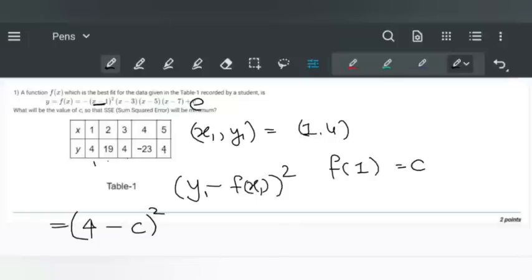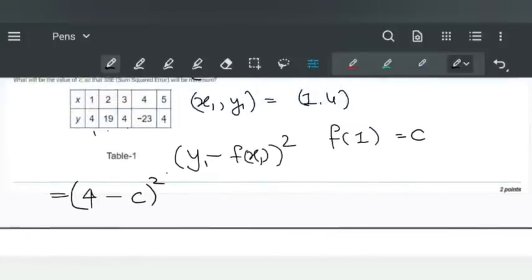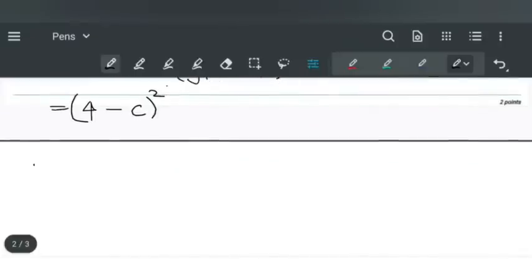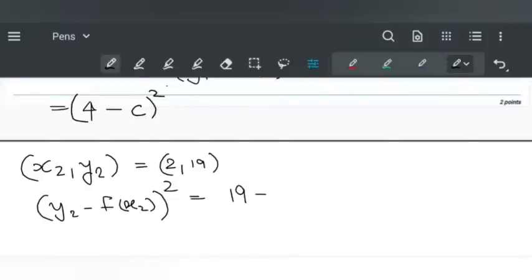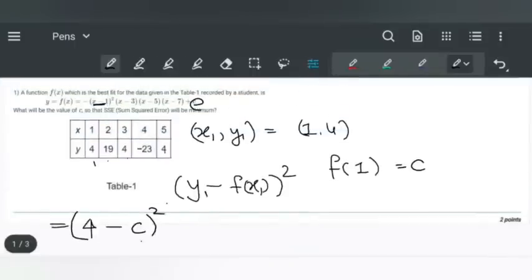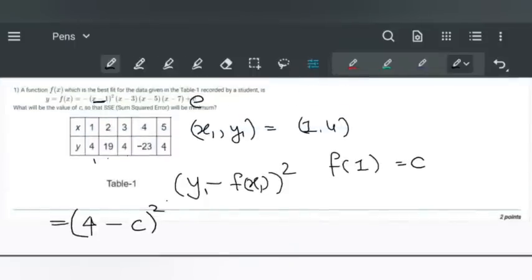Now the second term will be the ordered pair x2 comma y2, which is 2 comma 19. So y2 minus f of x2 whole square is equal to 19 minus f of 2.